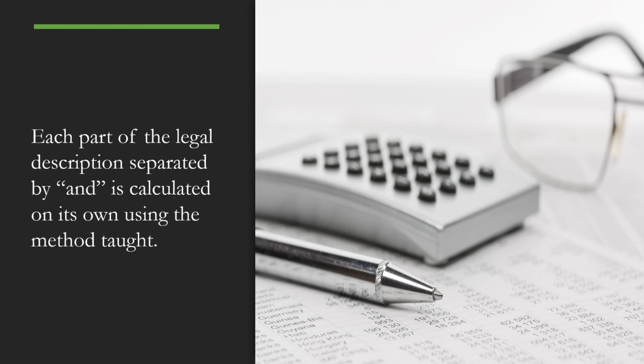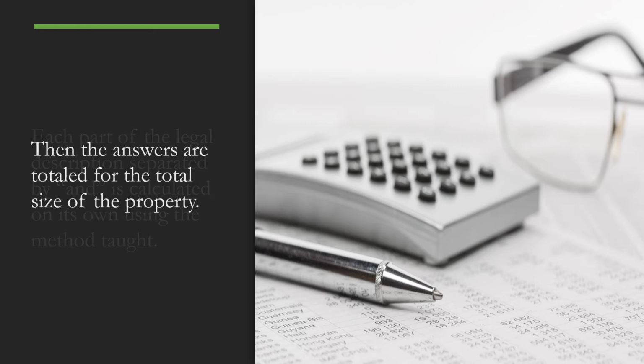Each part of the legal description separated by an "and" is calculated on its own using the method previously taught. Then the answers are totaled, which will give you the final and total size of the property.